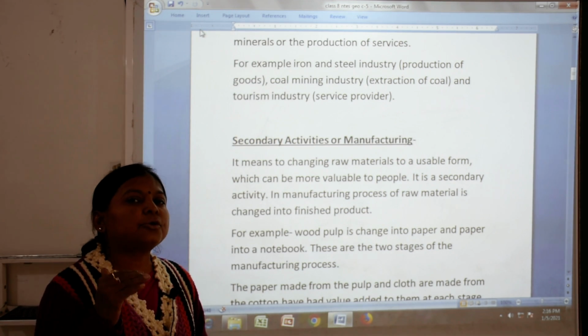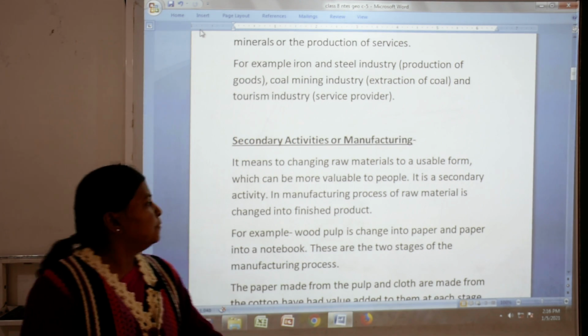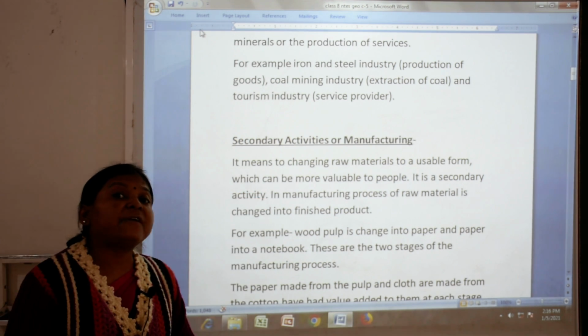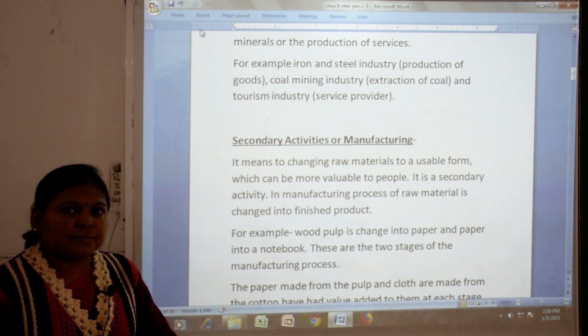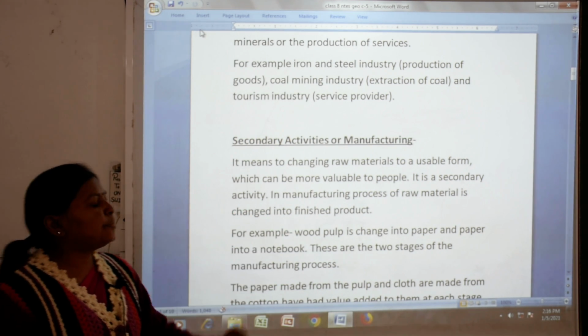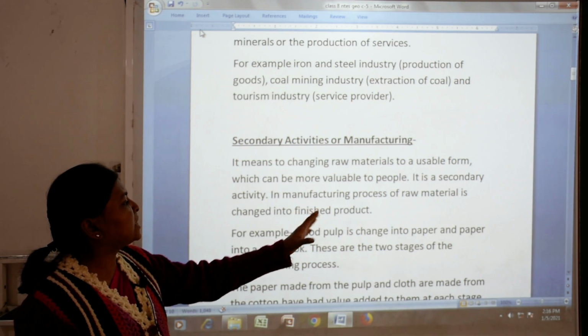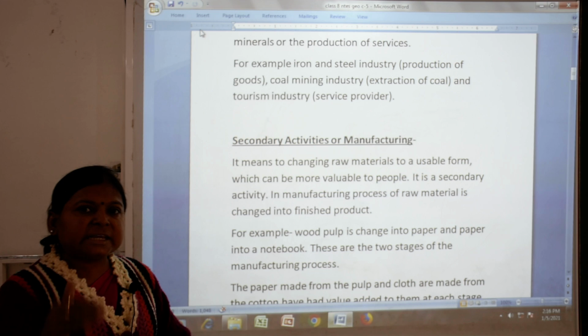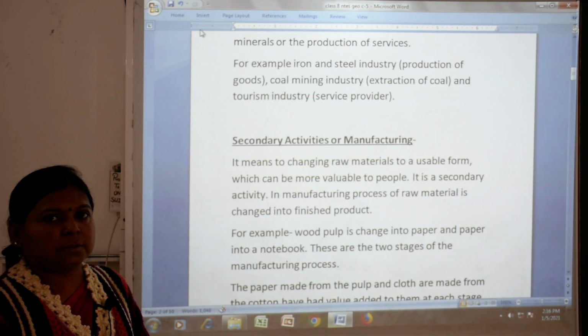We are changing raw material into a usable form, by which it becomes more valuable to people. So, it is a secondary activity. This manufacturing process, where raw material is changed into finished products, happens only in industries.